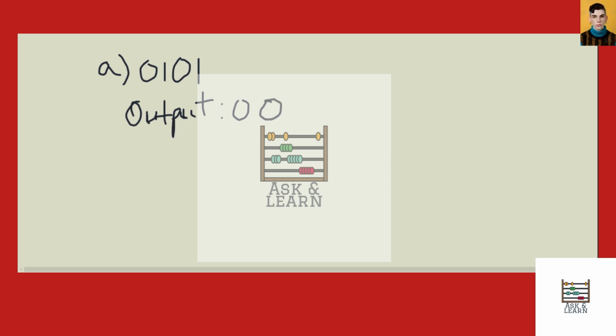Next input is a 0, so we have a 0 at S2, which means that the next state is going to be S2, and our output at S2 is 1.